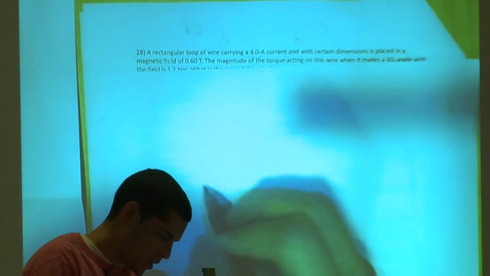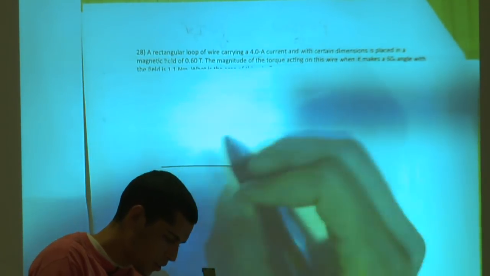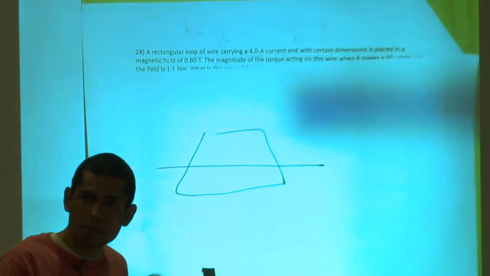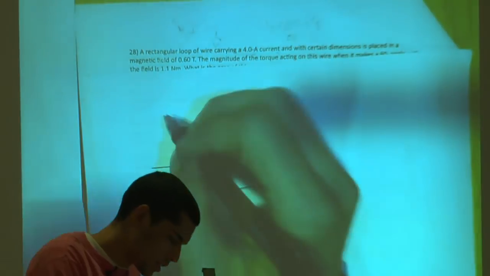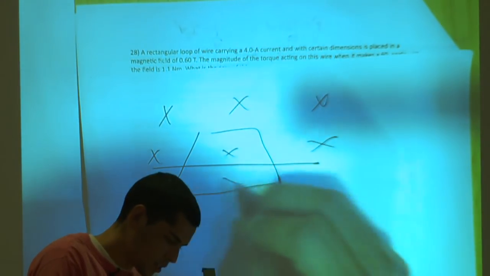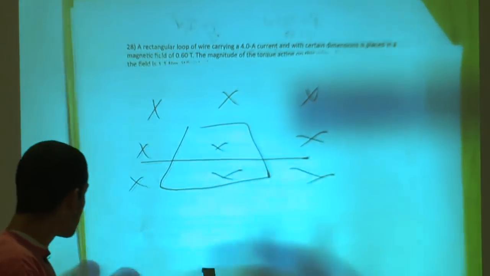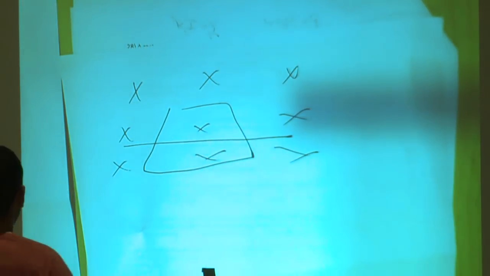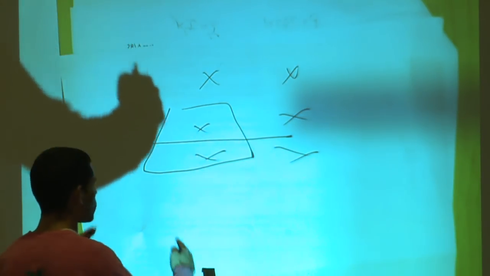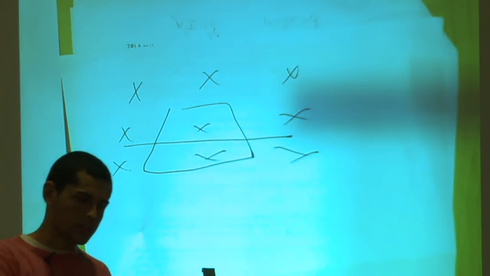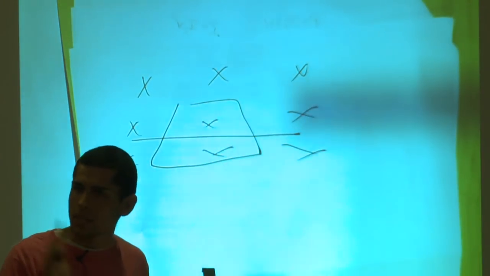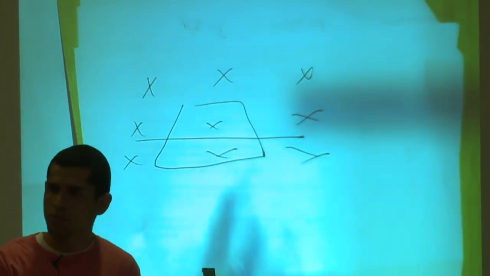It'll be more helpful. So we have a wire acting as a dipole in a magnetic field. Let's imagine the magnetic field is going into the page. I made the coil look like this because this top part is a little farther back than this front part.